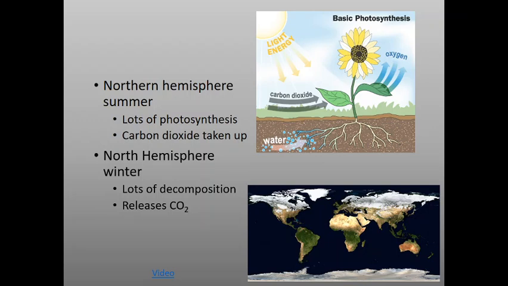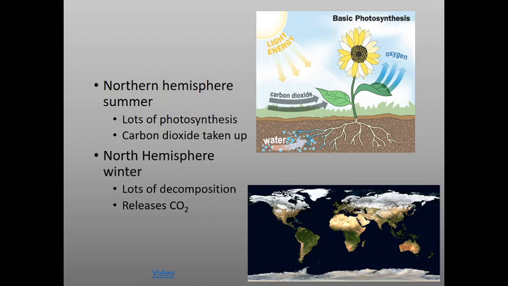So we kind of have this flip-flop. When we think of just the northern hemisphere, we can think of the CO2 getting sucked up during the summer and released during the winter. Now, that's not to say that during northern hemisphere winter, carbon dioxide is not being sucked up in the southern hemisphere.